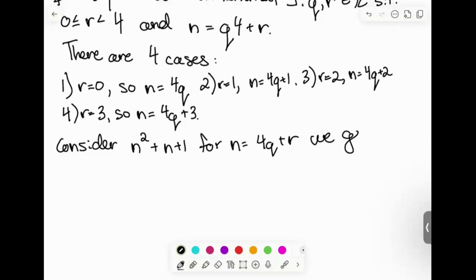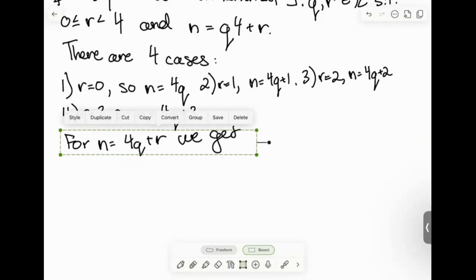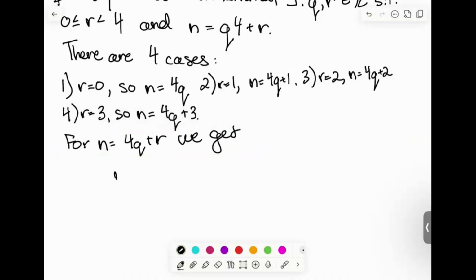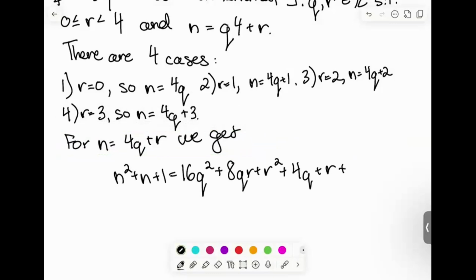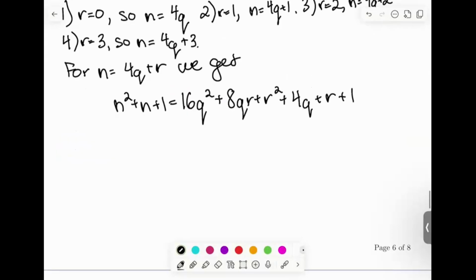We get, for n equal to that thing, n squared plus n plus 1 equals, what do we get? 16q squared plus 8qr plus r squared plus 4q plus r plus 1. Wow, there are no like terms. That's kind of crazy. Okay.